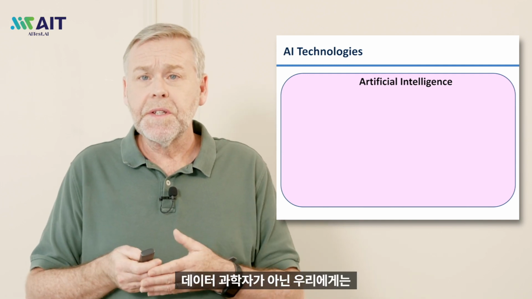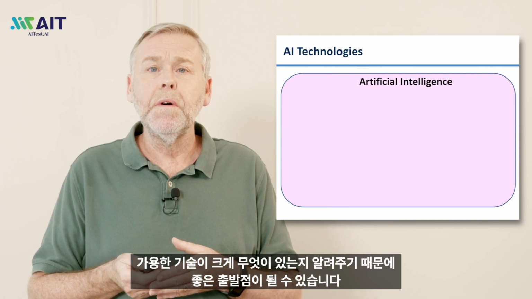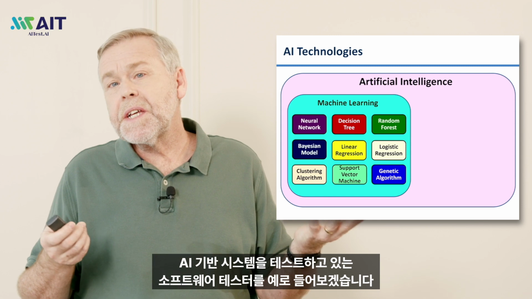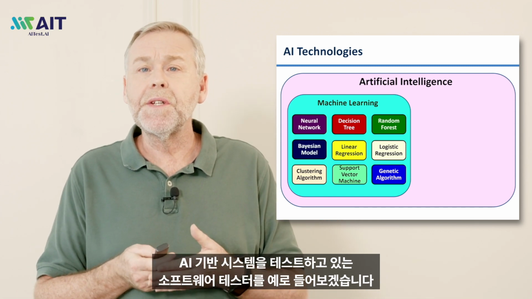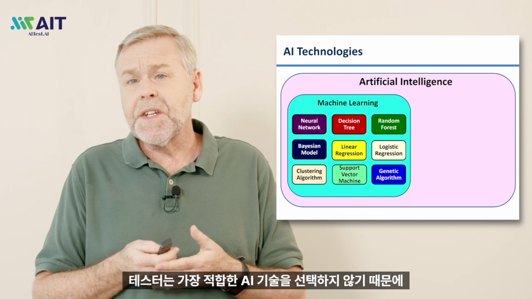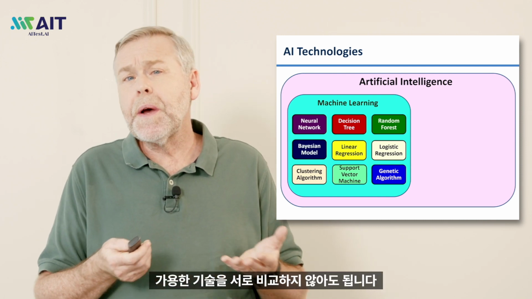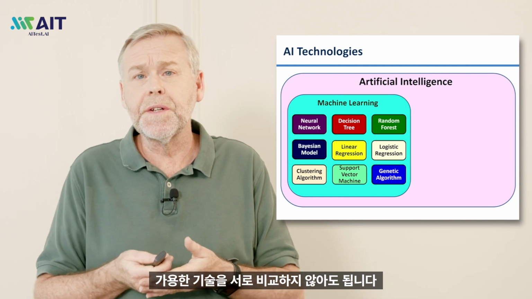For the rest of us, this slide provides a high-level view of what is available, which is a reasonable starting point. Let's take the example of a software tester who tests AI-based systems. The tester does not choose the most appropriate AI technology, and so has no need to be able to compare each of the possible technologies.